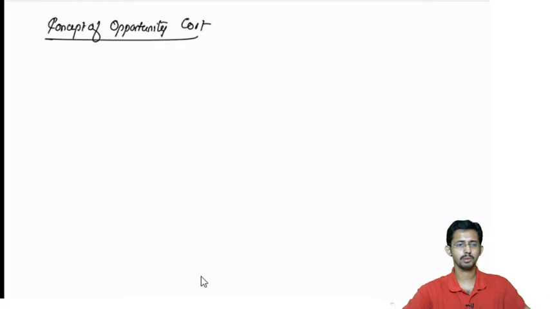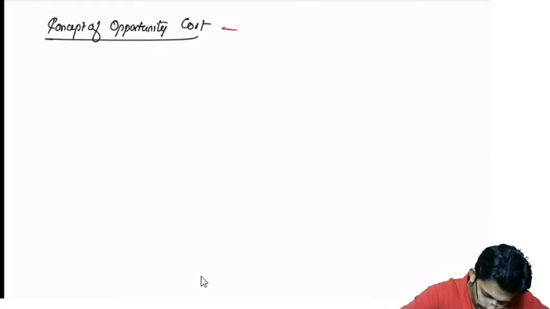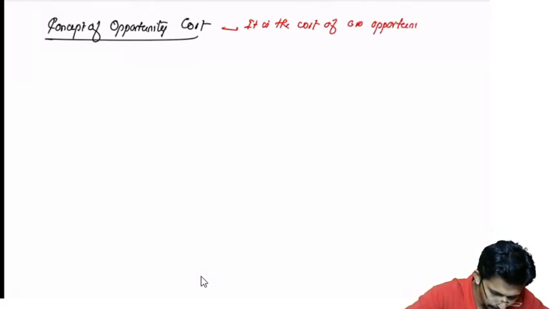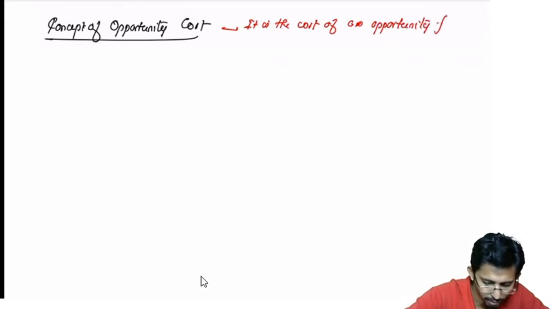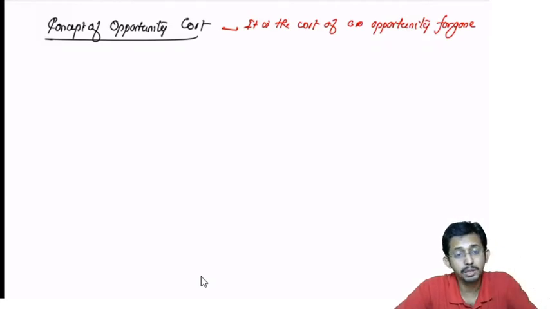Concept of opportunity cost. What do you mean by opportunity cost? Opportunity cost is the cost of an opportunity foregone. Cost of an opportunity foregone. What do you mean by cost of an opportunity foregone?